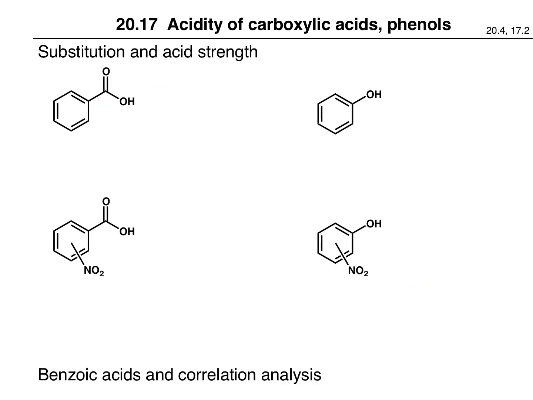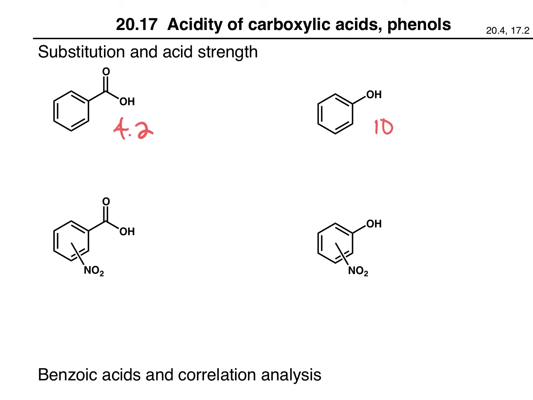Let's continue to think about structure and acid strength. And in this case, we're looking at benzoic acids and phenols, and let's think about how substitution affects acid strength. So benzoic acid has a pKa of, okay, it's actually 4.2, and phenol is 10.